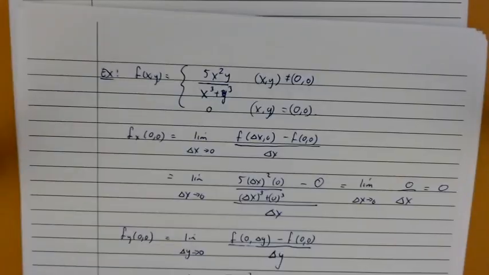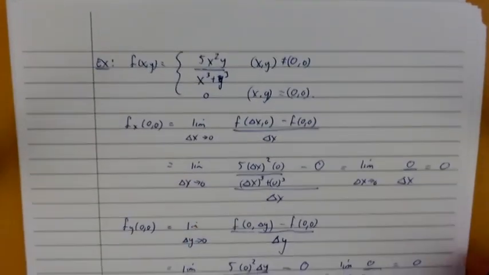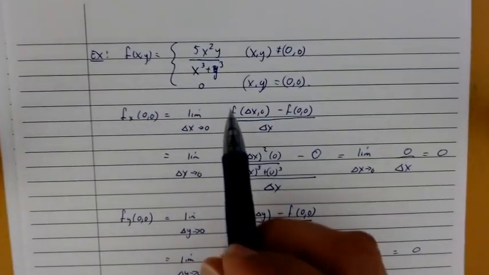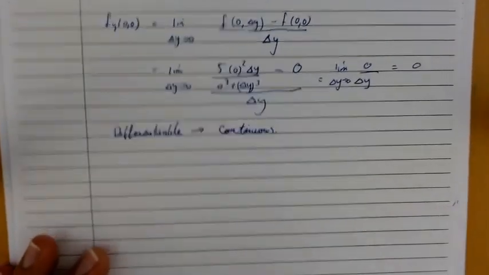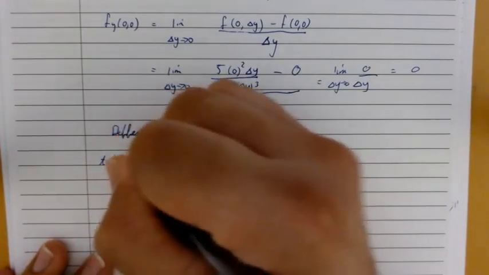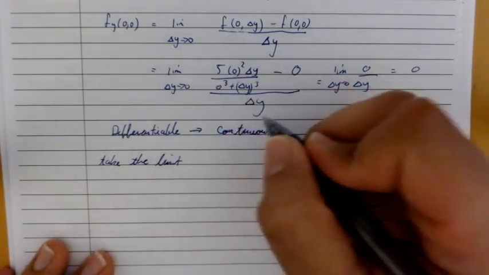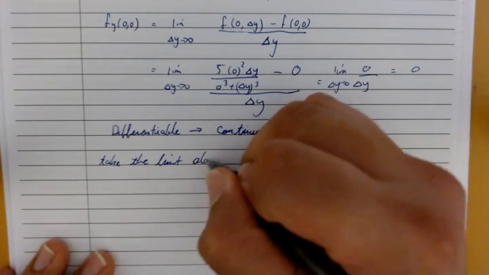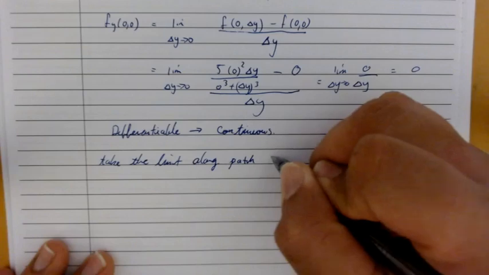So here, I can go ahead and show that this one is not differentiable just by confirming that it's not continuous at the origin. And we've seen that from previous sections. If I suspect something is not continuous, I can simply check a few different paths. So let's go ahead and try that. Let's take the limit along the path where x equals y.